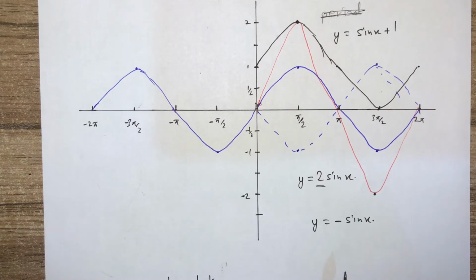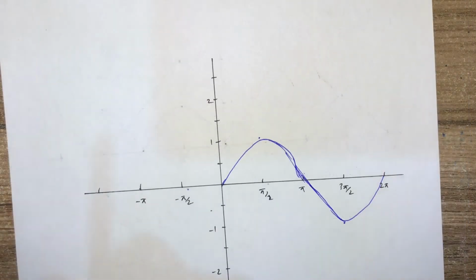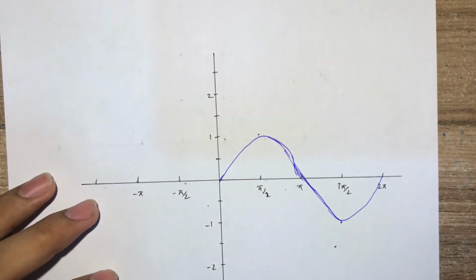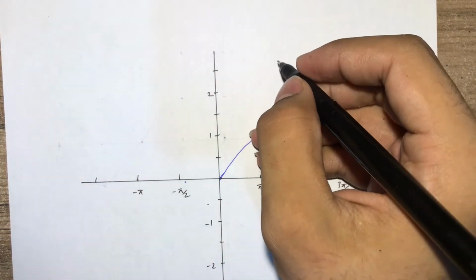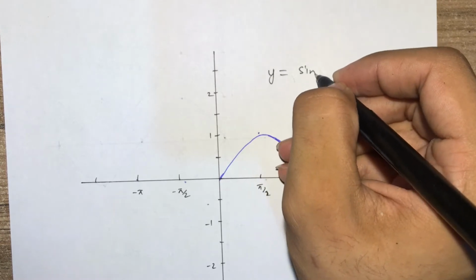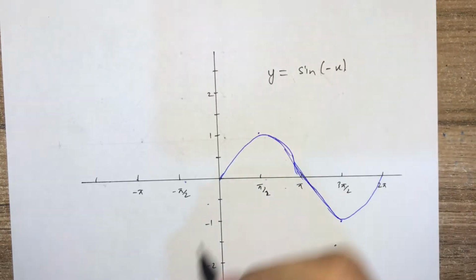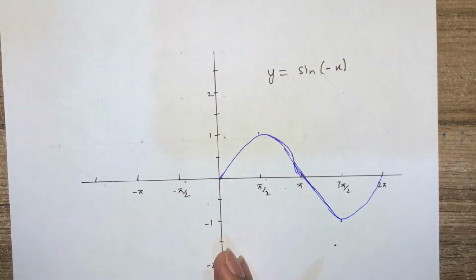Now for horizontal transformations, I'll make a new page. In horizontal transformations, there can be reflection in the y-axis, right? So for that we'll have y equals sine negative x. This negative over here represents a reflection in the y-axis.